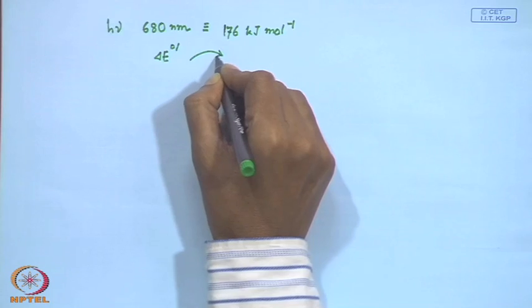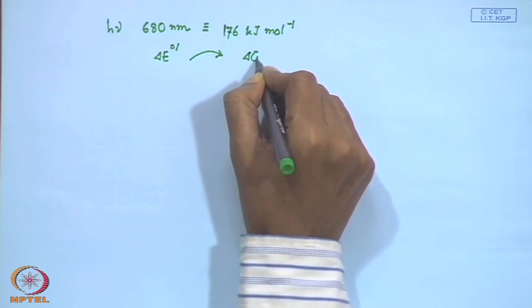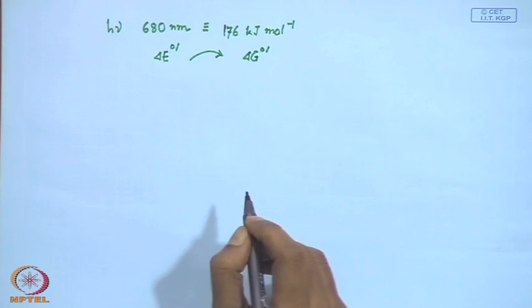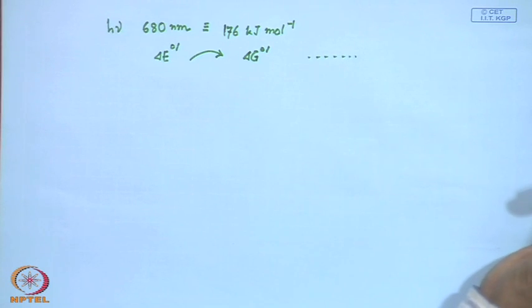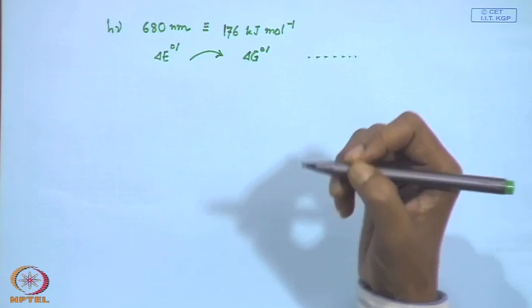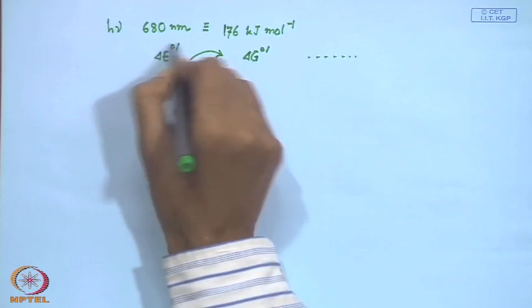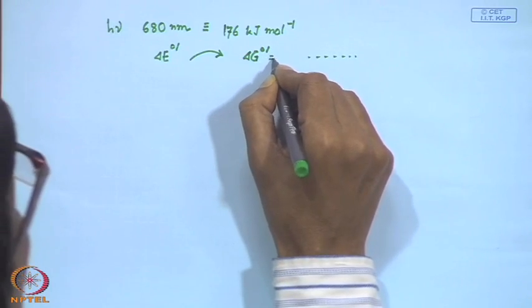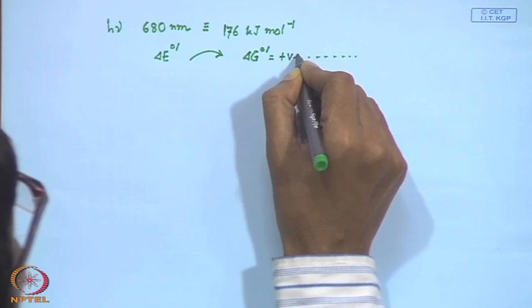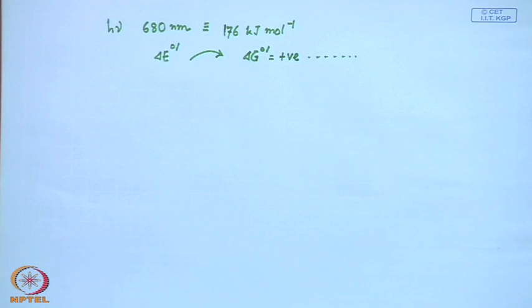From there we can calculate the corresponding delta G0 prime, and what is the corresponding value of that in kilojoule per mole. You can find out that in that particular region. So, this typical excitation can give you a calculated delta G value which will be positive in that particular case.